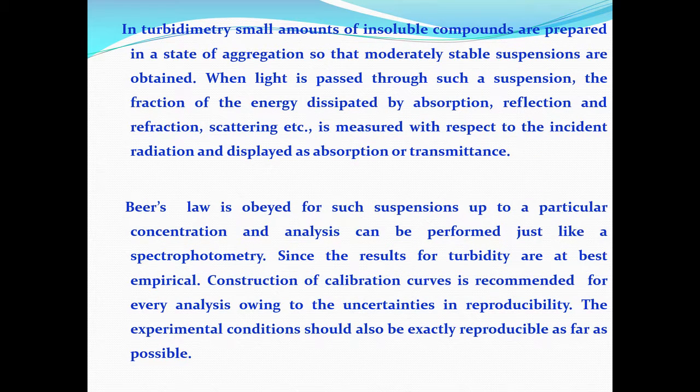So, in turbidimetry small amounts of insoluble compounds are prepared in a state of aggregation. Now, we come to the chemistry of the method. So, what do we do whenever we want to make the measurements in turbidimetry? All you have to do is carry out a chemical reaction using your standard flask, chemical reagents, etc., for which we will come to that again at a later stage.